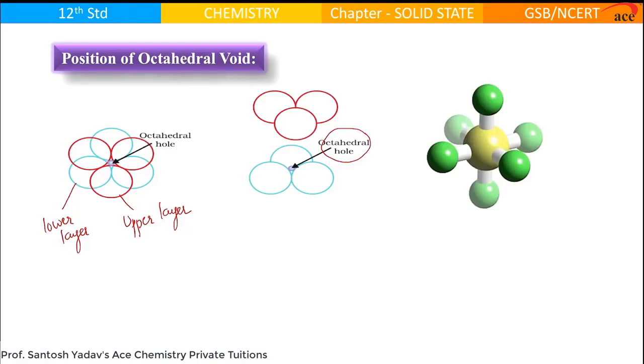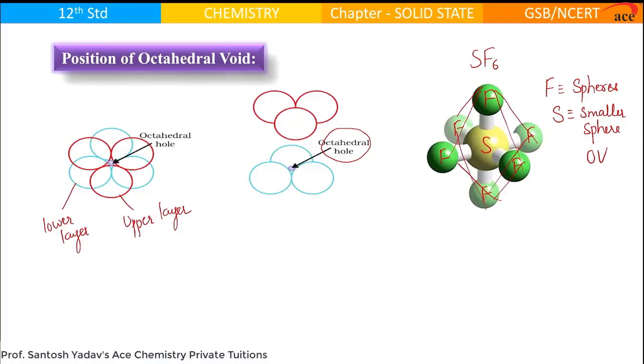How to imagine an octahedral void? Imagine SF6: sulfur, fluorine, fluorine, fluorine, fluorine and fluorine. Although fluorine is a smaller atom, in this case imagine fluorine as larger spheres, and although sulfur is a larger atom, imagine it as a smaller sphere, and that small sphere is nothing but our octahedral void. This void is nothing but an octahedral void.